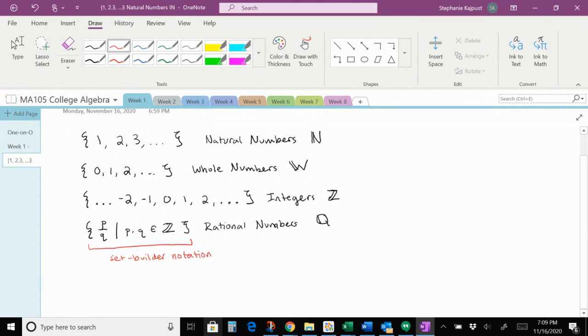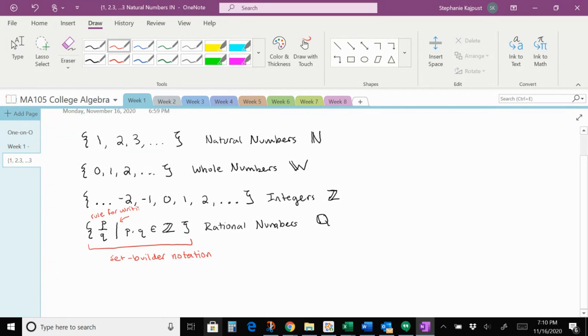I can't really write them as I did with the whole numbers or the integers because there's an infinite number of fractions and decimals, and there's no real pattern to how you could write them. And so we use this set builder notation. Basically the first part here is our rule to write it. So it's writing as a fraction.